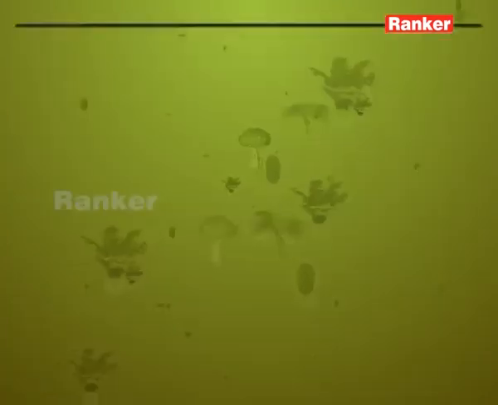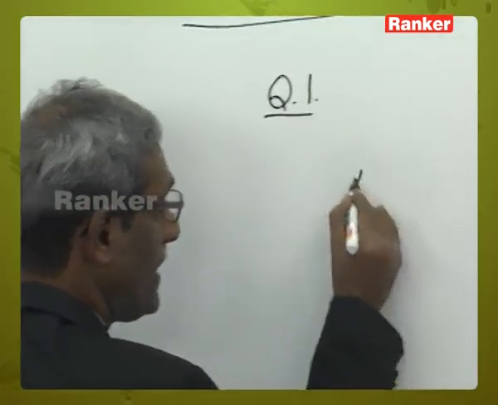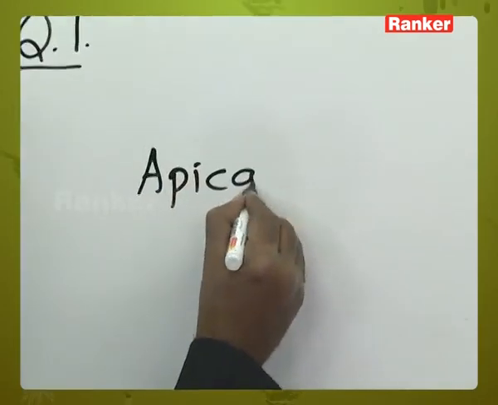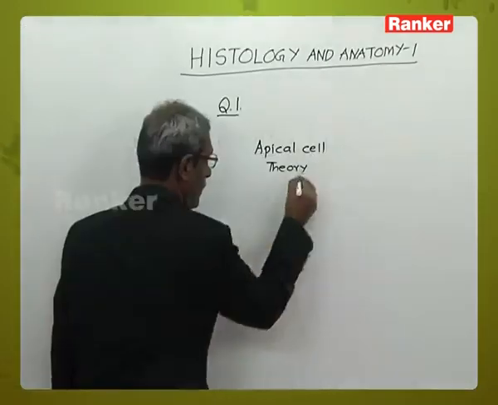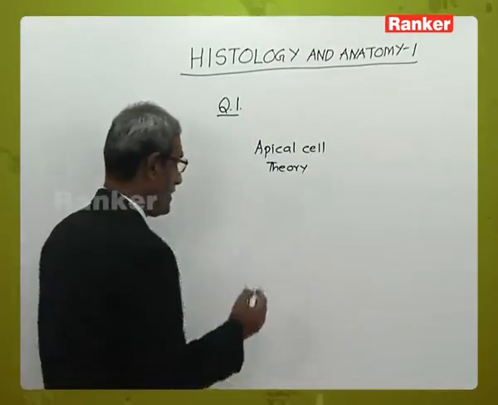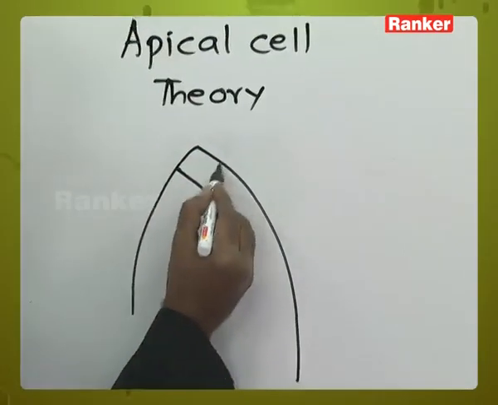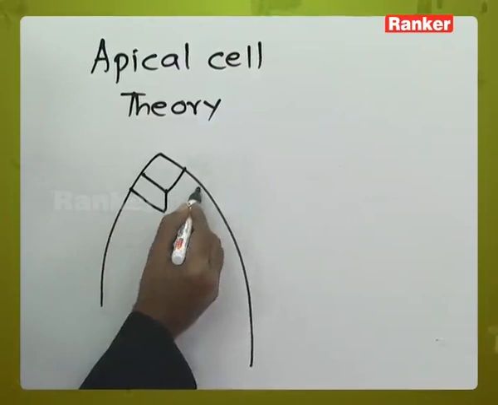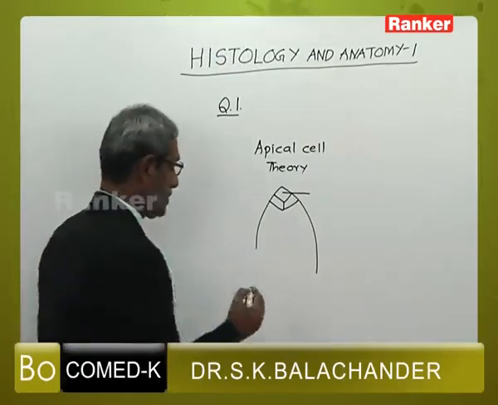Question number 1. The apical cell theory was given by A. Hofmeister, B. Hanstein, C. Heberland, D. Grew. When you take the apical cell theory, it primarily describes how a single cell gives rise to the maximum of the tissues.